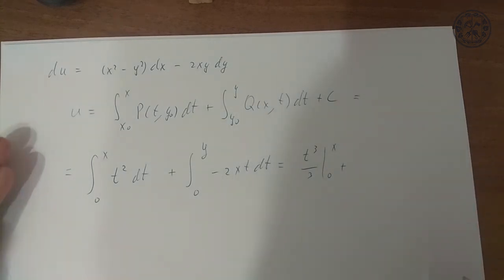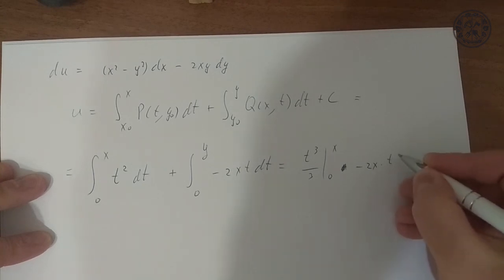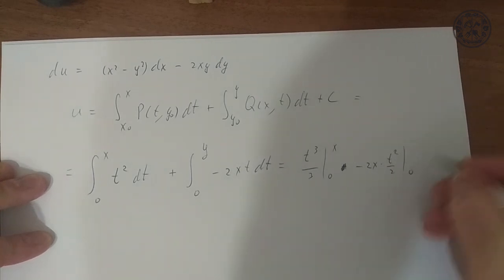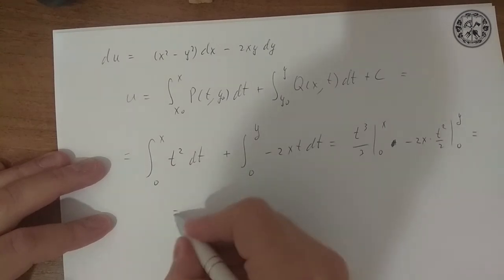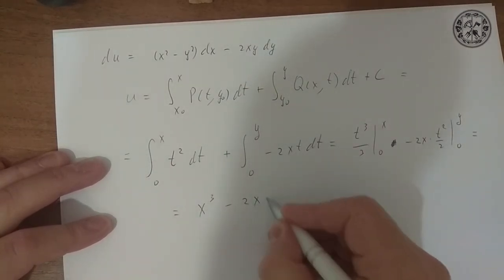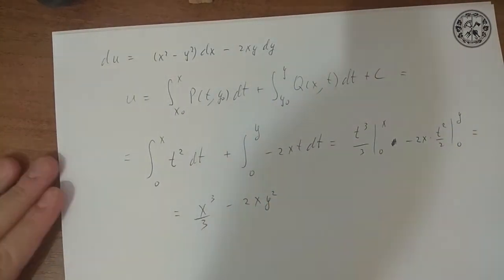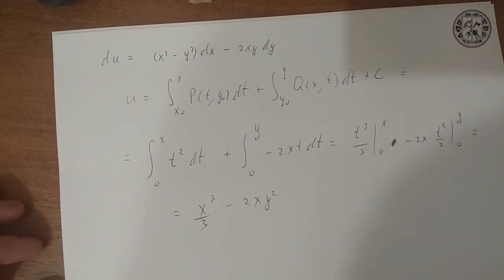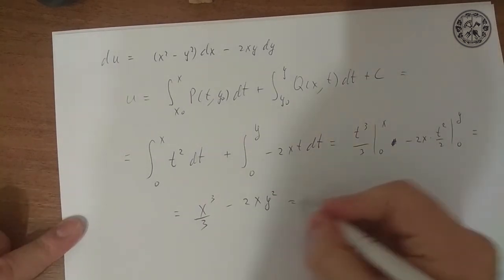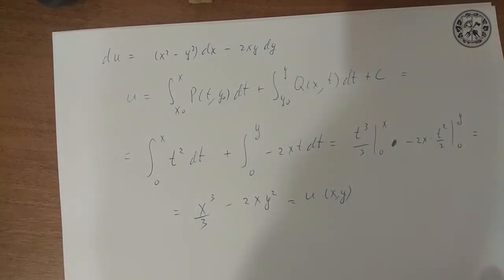Integrating the second part, we will get minus 2x times t squared over 2 from 0 to y. And we will get x cubed over 3 minus xy squared. Now we have restored the function u of x, y, which served as an origin for this integral.